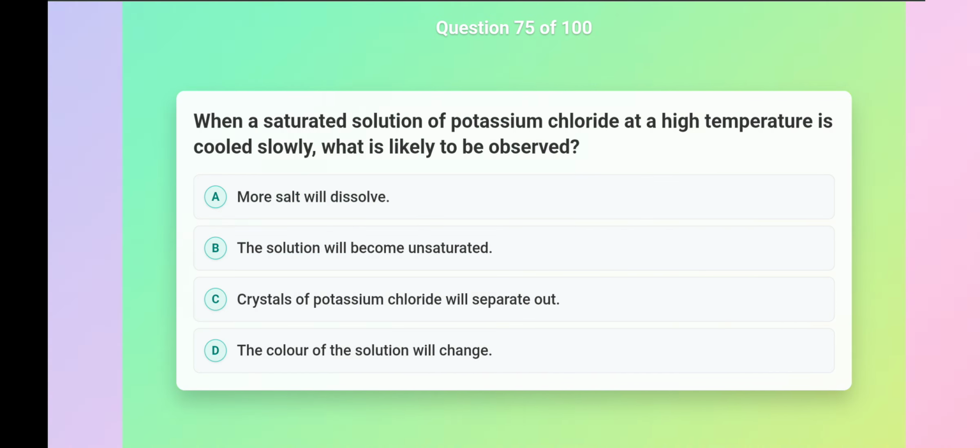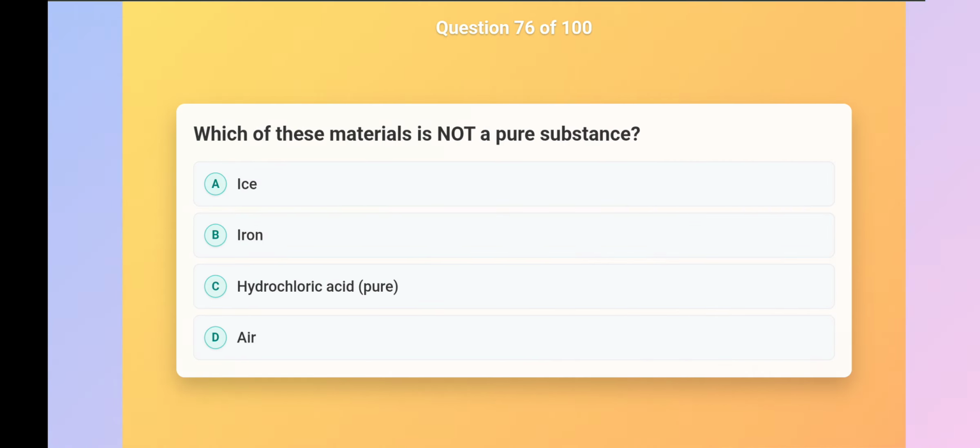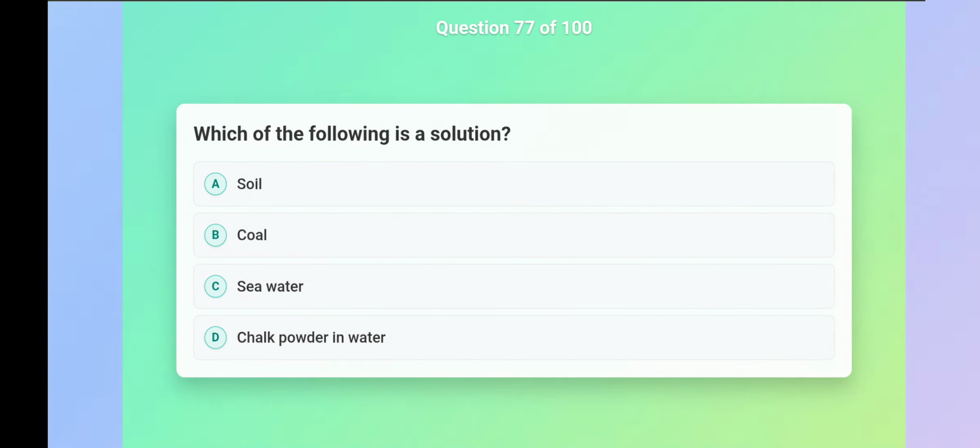When a saturated solution of potassium chloride at a high temperature is cooled slowly, what is likely to be observed? Crystals of potassium chloride will separate out. Which of these materials is not a pure substance? Air. Which of the following is a solution? Sea water.